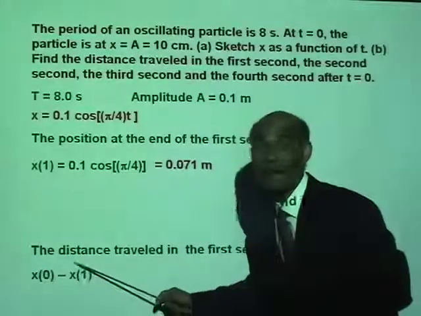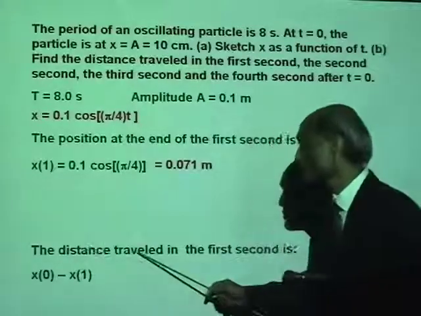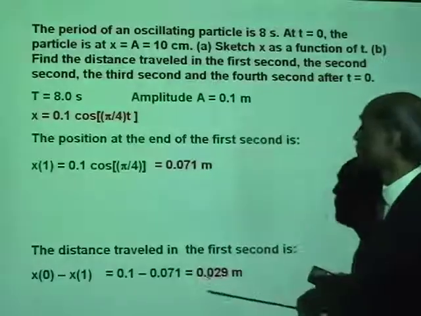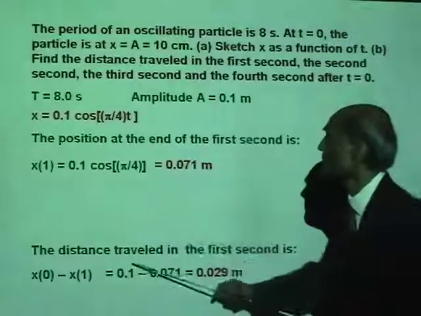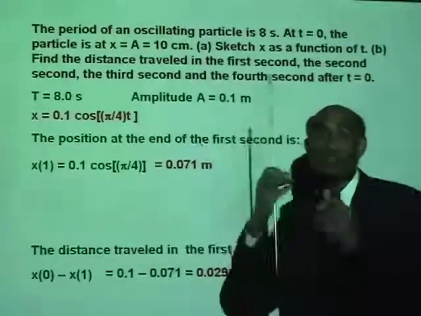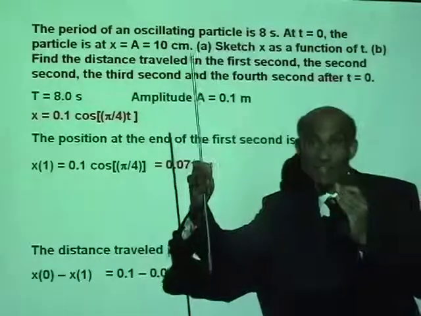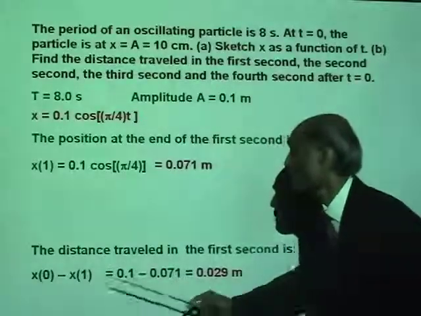At t equal to 1, it is at x1. Therefore, the distance traveled in the first second is x0 minus x1, and x of 0 is 0.1. You see? At t equal to 0, the object is at x equal to 0.1.